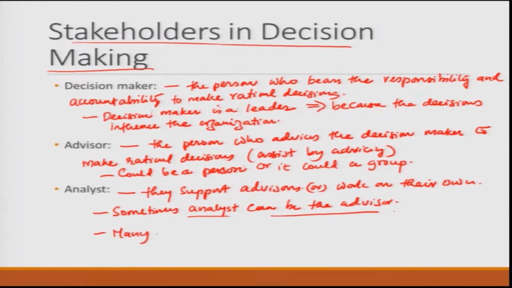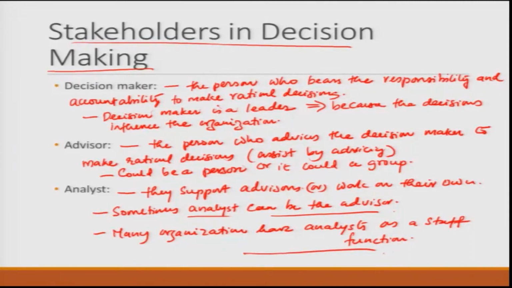Many organizations have the analyst as a staff function. When we say it is a staff function, what it means is that there is dedicated staff who will do the analysis, and that analysis is transferred to an advisor who will look into that analysis and interact with the analyst, and then that advisor, based on this data, will update the decision maker and advise the decision maker on how to make the rational decision.